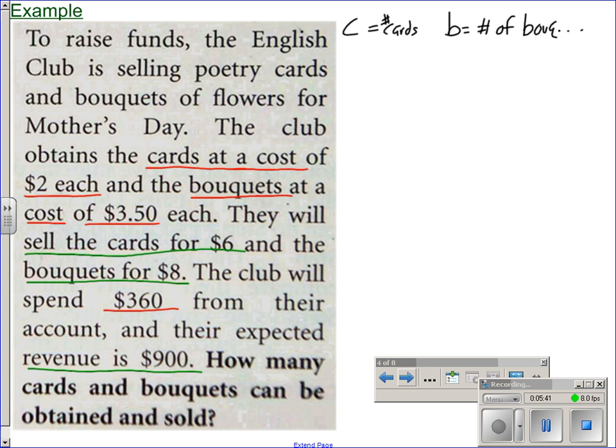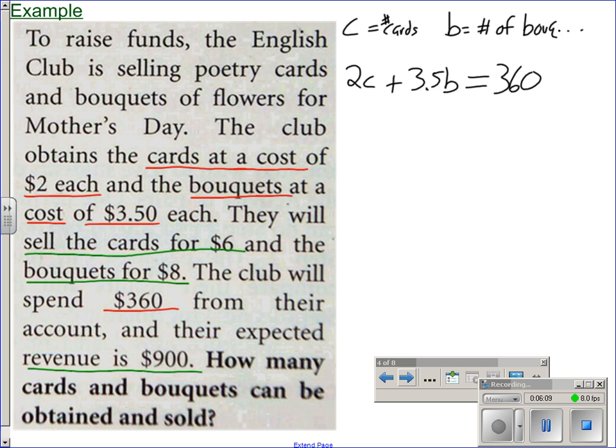All right, so cost information. It costs $2 for each card. So if C is the number of cards, 2 times the number of cards, plus the cost of $3.50, so 3.5 times the number of bouquets. When you add up how much it costs for all the cards and all the bouquets, they wanted to spend $360. There's your first equation.